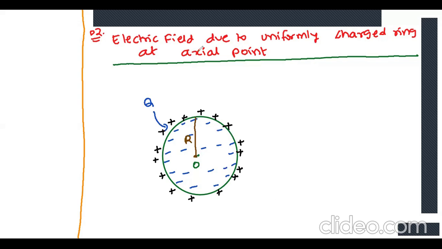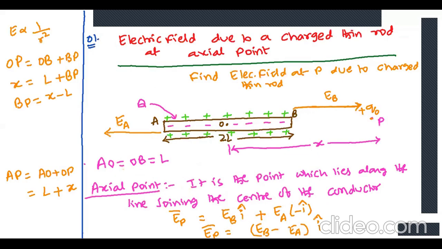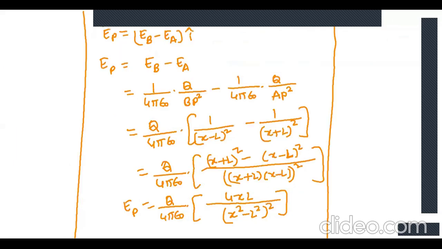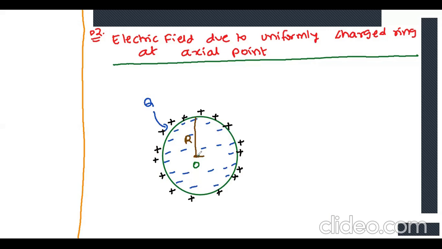Now I need to find the electric field at an axial point. Same as before, an axial point means a point which lies along the line joining the center. So let us consider an axial point P, which is at a distance x from the center of the ring.